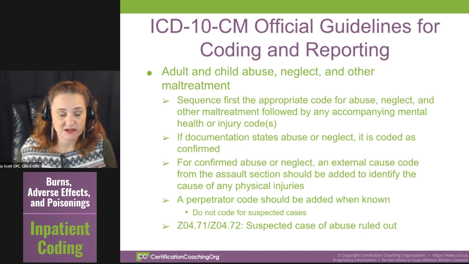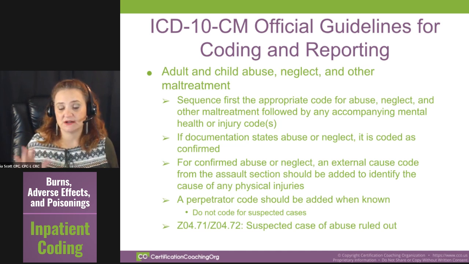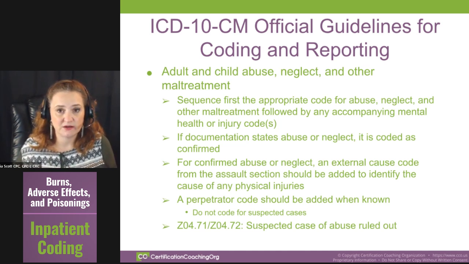And don't think that this is just exclusive for women. Men can be abused as well. And we have to think of the elderly. This is something that's tracked very heavily for adult abuse and of the elderly. In fact, there are state and federal organizations that track this.